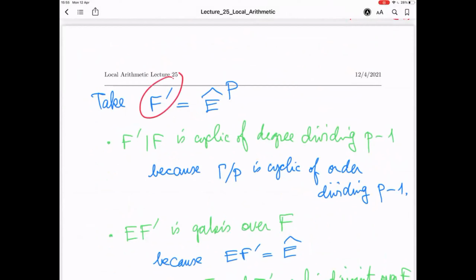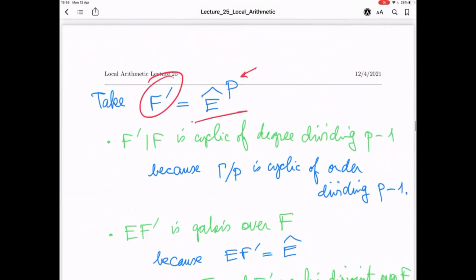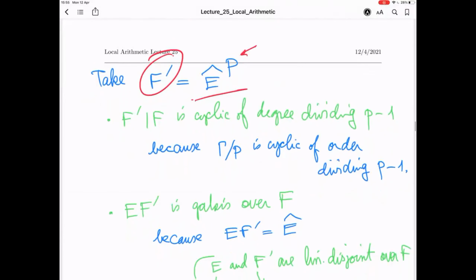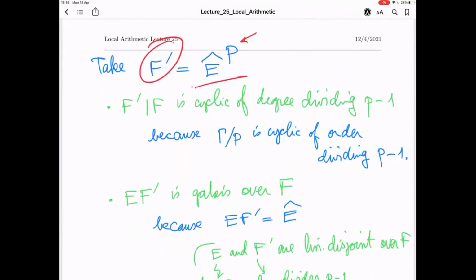So F prime is what we are looking for. You just take this F prime to be the fixed points of E hat under the action of the group P. Of course, we have to check that F prime over F is cyclic of degree dividing P minus 1. And that's clear because G modulo P is cyclic of order dividing P minus 1.